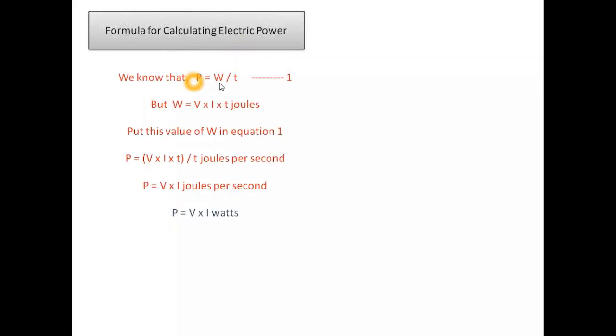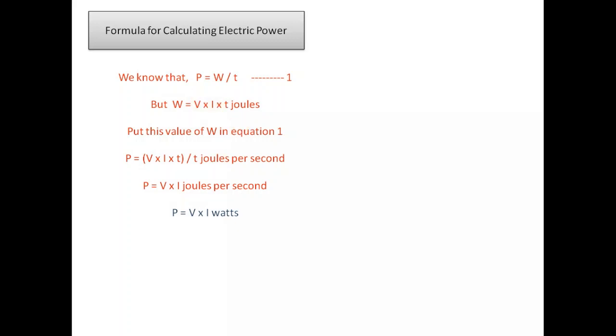We know that power is equal to work divided by time. And we have studied that the work done by the current I, when it flows for time t under a potential difference V, is equal to V into I into t.